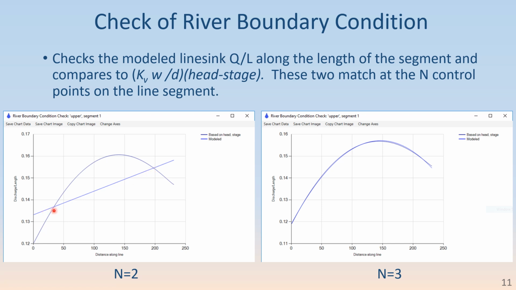And then in the same model and the same segment, we've increased parameters per line to 3, and it matches at 3 places, here, here, and here. And it turns out that the desired or ideal distribution is quite nearly perfectly parabolic, so n equals 3 does a terrific job of approximating the required discharge, whereas linear with n equal 2 is quite a bit less good.